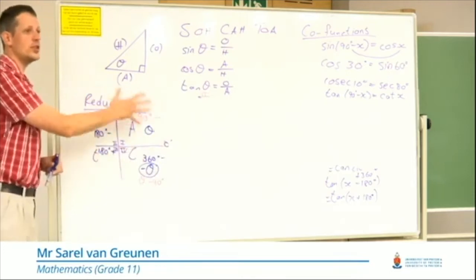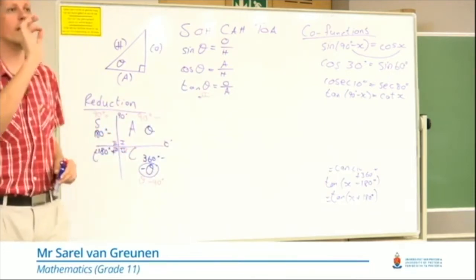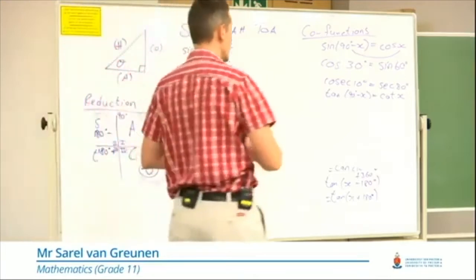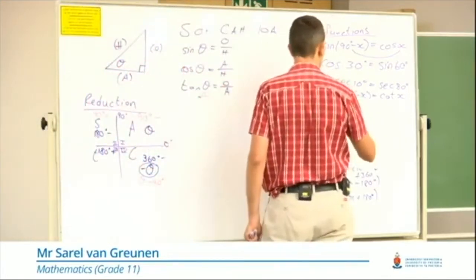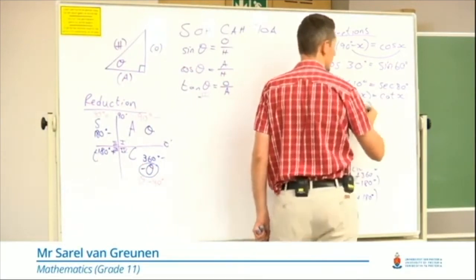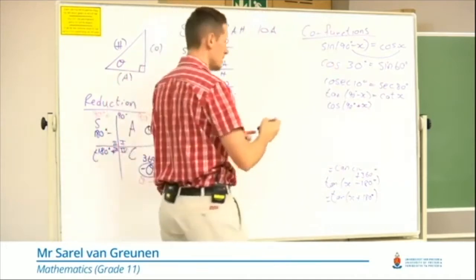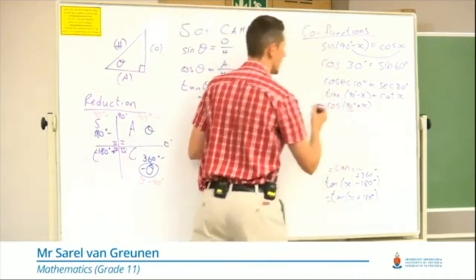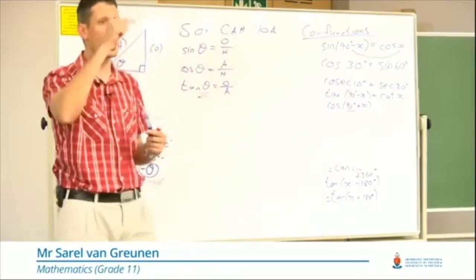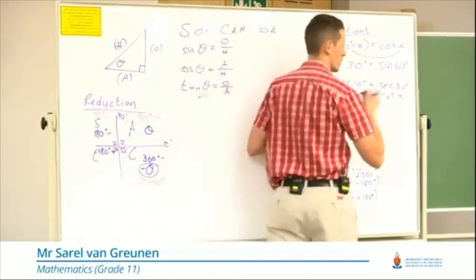Why do I ask you to label it this way? Because now I can give you any cofunction. So for instance, I give you cos of 90 degrees plus x. First of all, the 90 tells me I'm going to work with cofunctions. So what is the cofunction of cos?